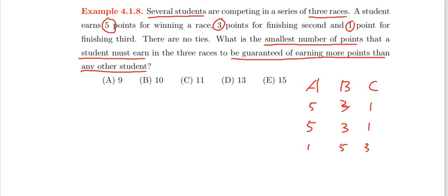Oh, in this case, A and B have the same points, right? So in order to guarantee he can win, it should be 3 5 1. So in this case, he can win, yeah. So in this case, I got 13 points. So 13 is the smallest number.